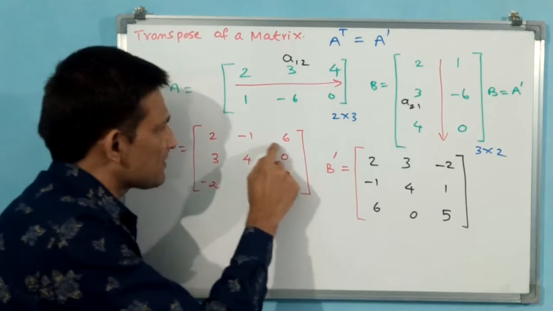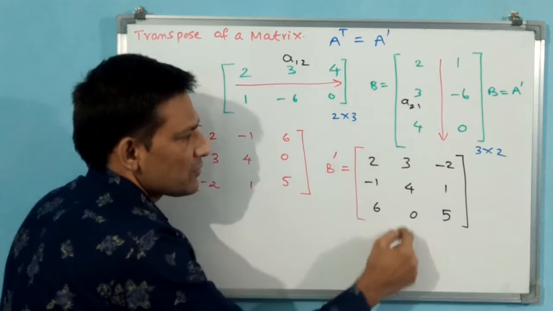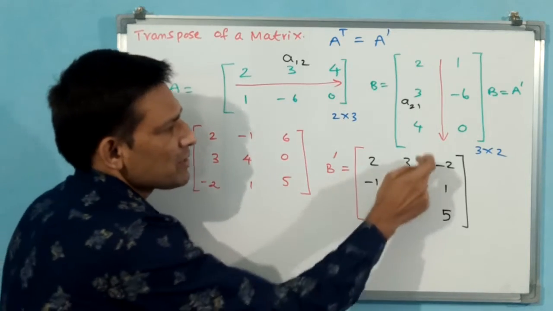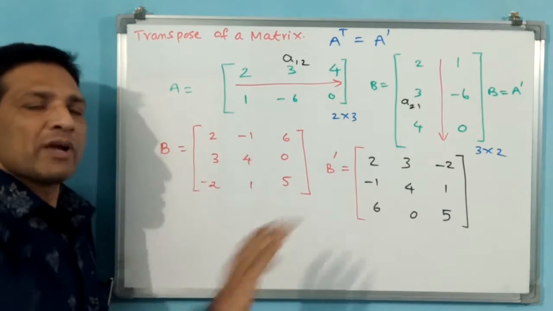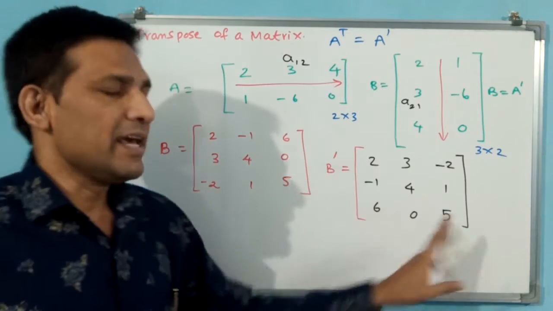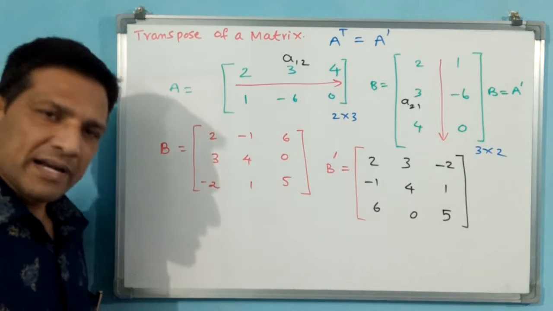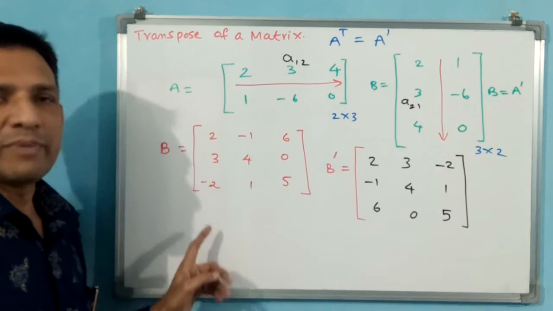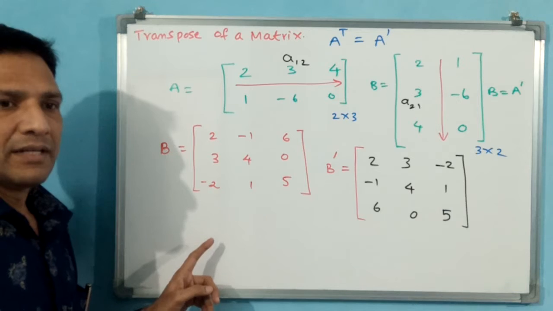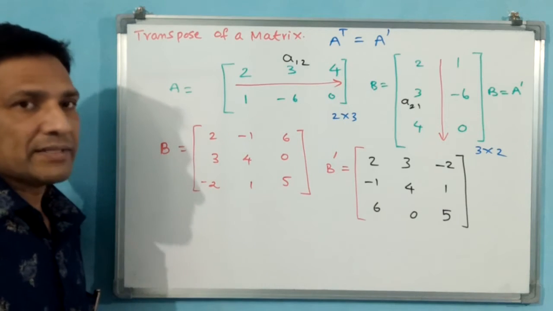You see, 2, -1, 6 means 2, -1, 6. 3, 4, 0 means 3, 4, 0. -2, 1, 5 means -2, 1, 5. That means rows have become columns. That is okay, but the diagonal is same. For a transposed matrix, the diagonal is same, for a square matrix I want to say.